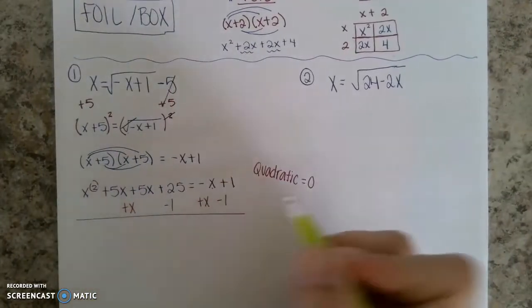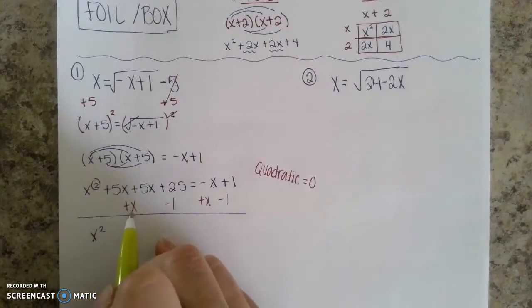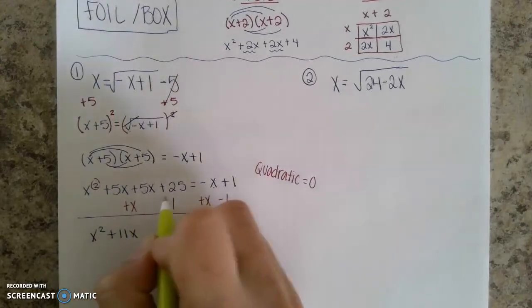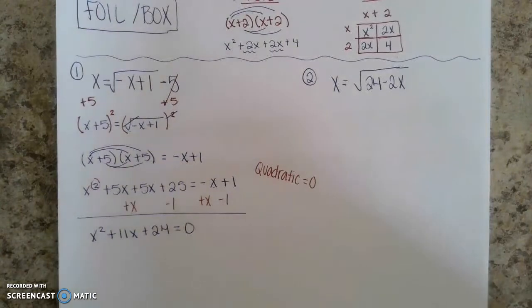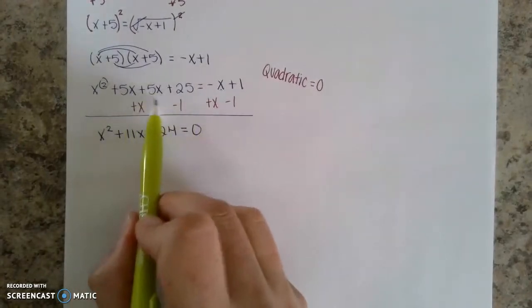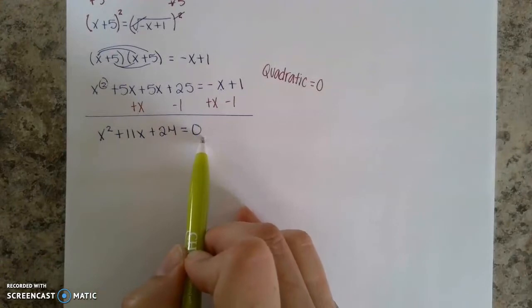So when I combine all of my like terms here, I get x squared, 5x plus 5x plus x will get me 11x. And then 25 minus 1 will get me 24, all equal to 0. So again, I just combine my like terms to get my whole quadratic set equal to 0.